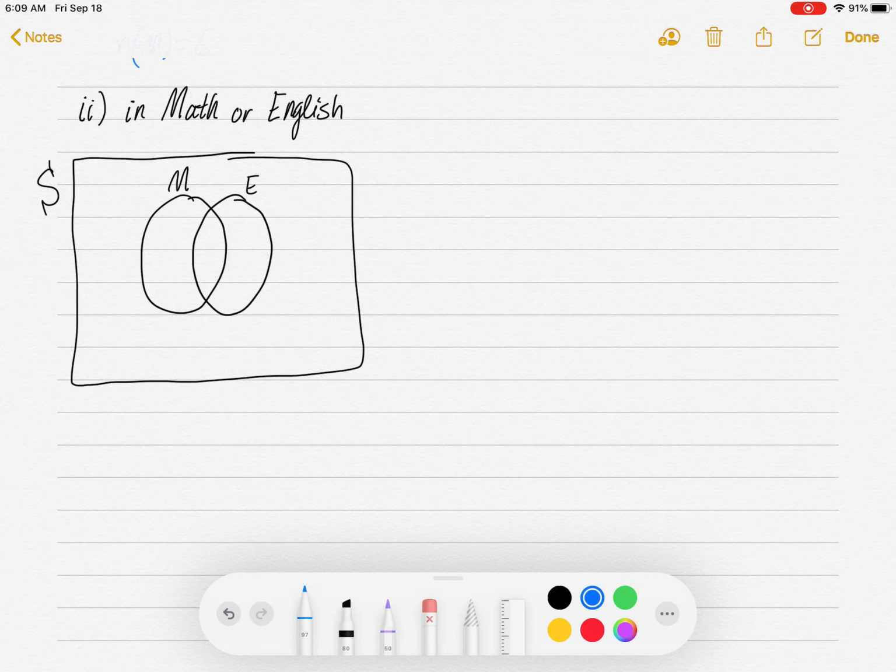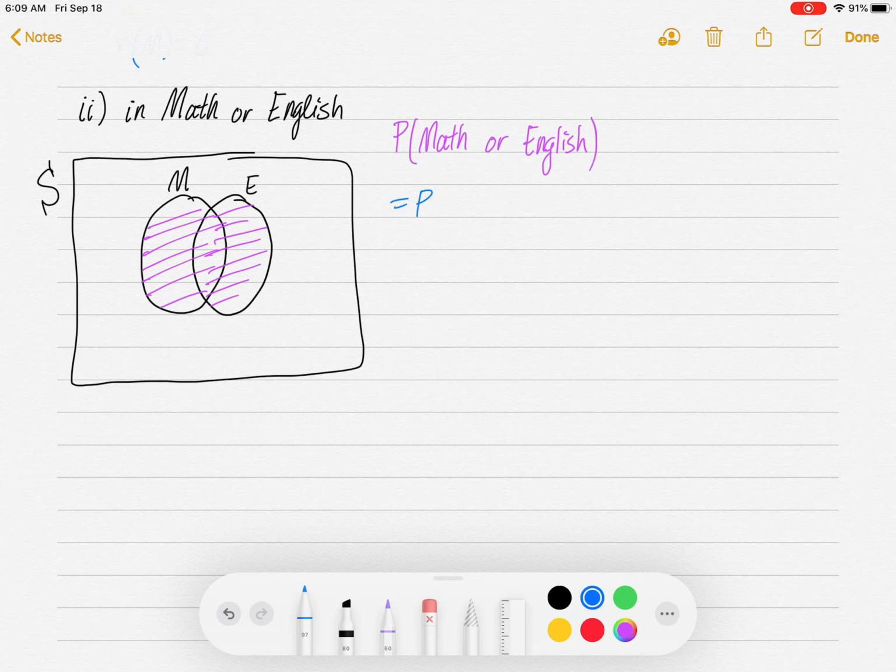All right, so we want the probability of math or English. That's talking about all of this here. That's what math or English is. Those two sets combined together in one big set.